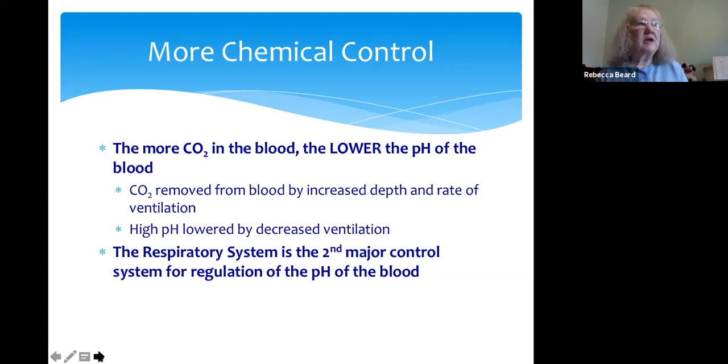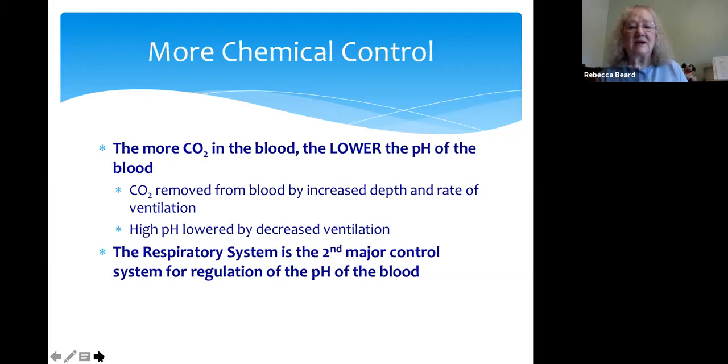Now note, the respiratory system is the second major control system for regulation of the pH of the blood. And you remember that the pH of the blood is a very narrow range, 7.35 to 7.45, very, very narrow range. So it can get out of whack very easily. And so we have the respiratory system as a system to regulate that, but it's the second one.